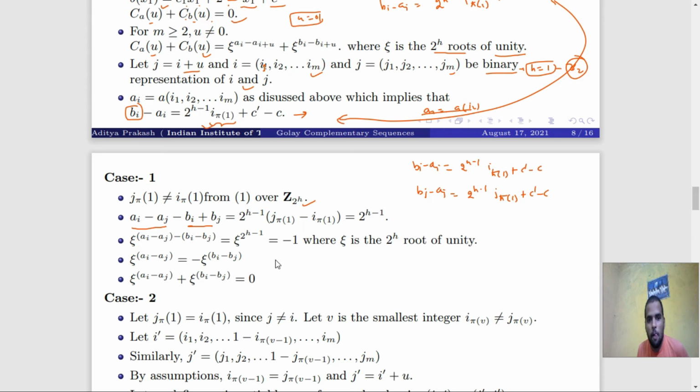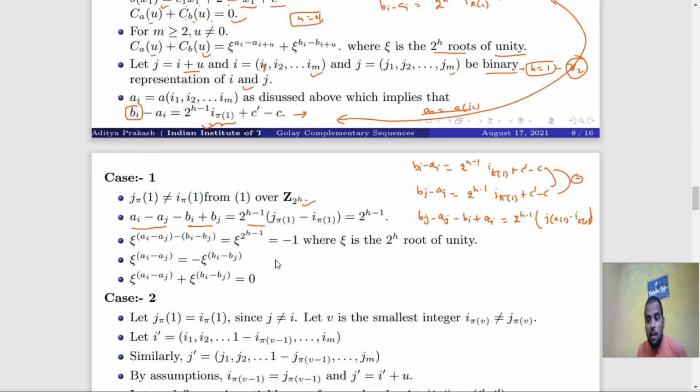Simply subtract these two, and we get b_j minus a_j minus b_i plus a_i, which is nothing but 2 to the power h minus 1 times j pi i minus i pi i, and the c terms will cancel.